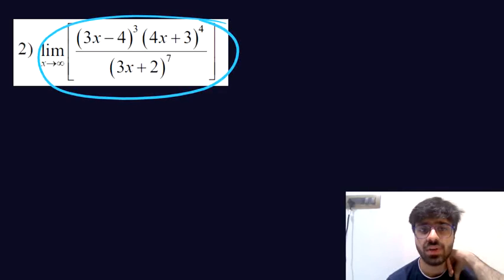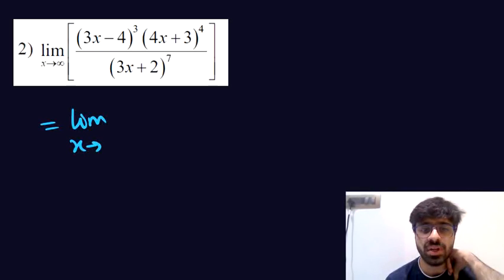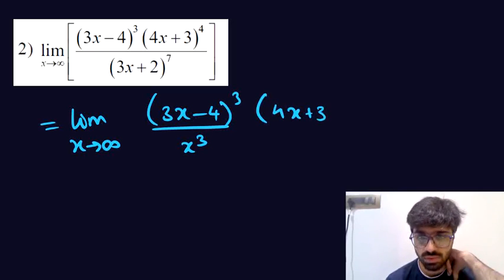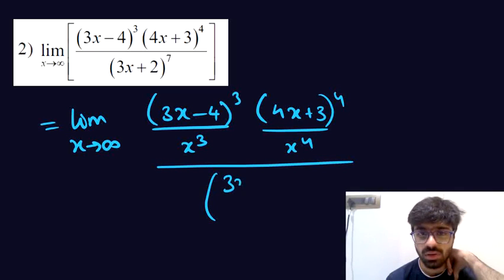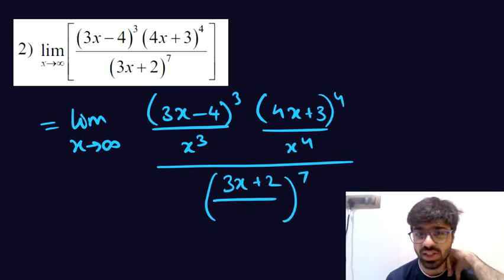Similarly, let's go ahead with the second question. It's very clear that because we have a power 7 here, the denominator will be divided with x power 7 and so will the numerator be. So in the numerator we will write x power 7 as x cube, in the denominator here x power 4. 3x plus 2 upon x power 7, the whole power 7 can be written as 3x plus 2 upon x, the whole power 7.